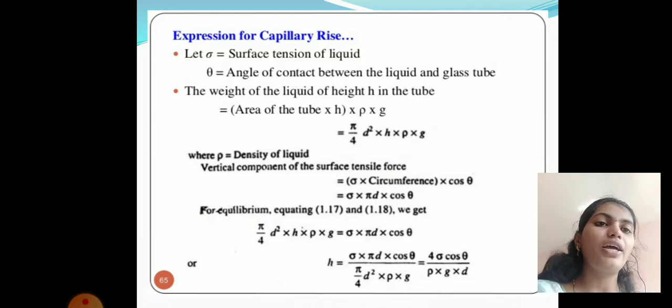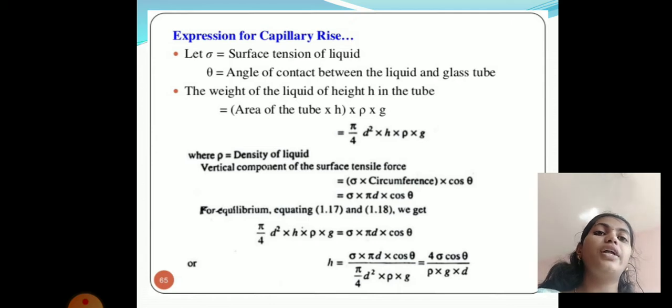The area is pi upon 4 d square, h is the height, g is the acceleration due to gravity, and rho is the density of the liquid.